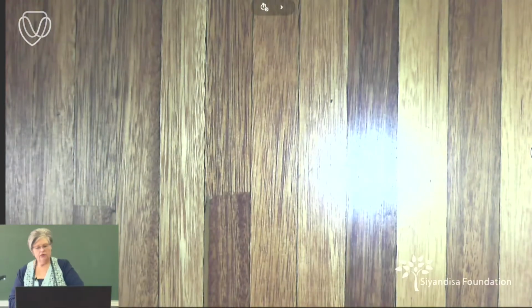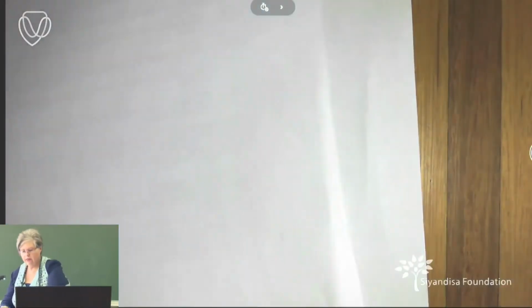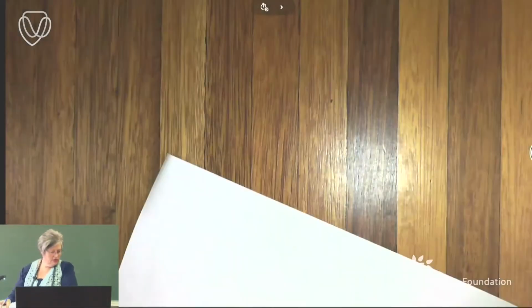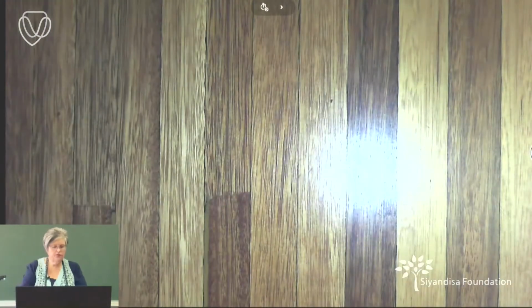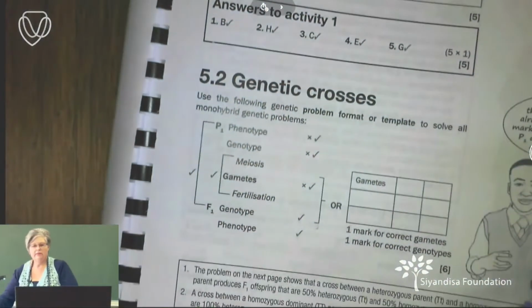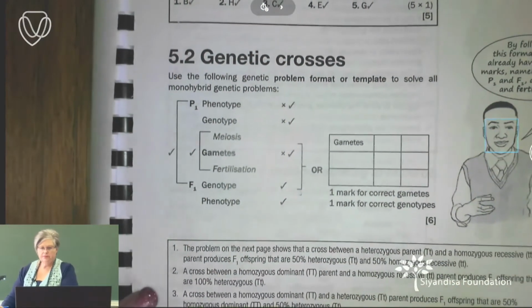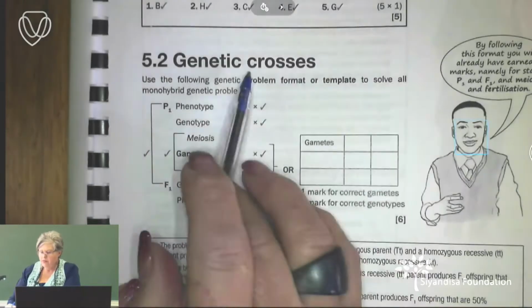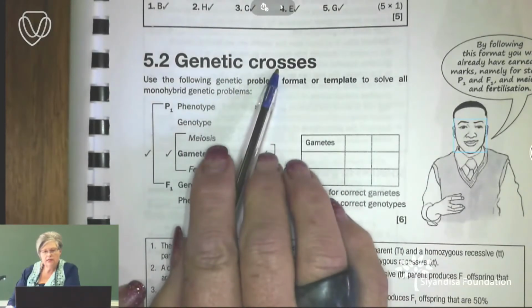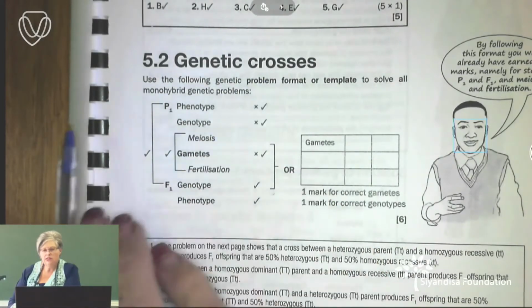Okay. I quickly want to come back to the genetic crosses. Before we do genetic crosses, whenever we do a genetic cross, there are some marks that you must get.